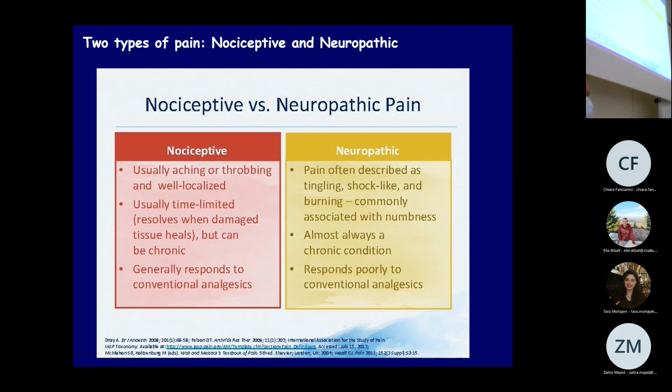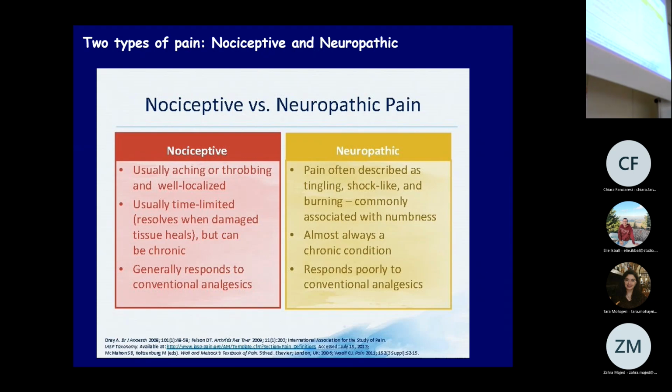This is important. Before the morphine derivatives, we can use non-steroidal anti-inflammatory agents. Ibuprofen, for example, aspirin, you know. Normally, this type of pain responds to this class of compounds.